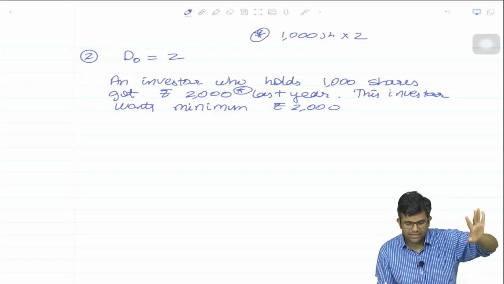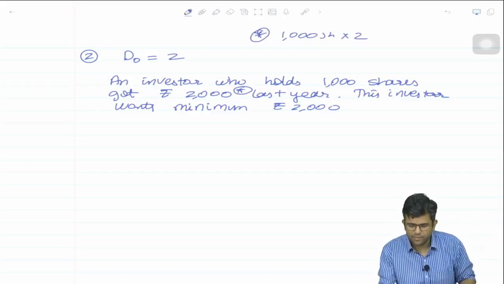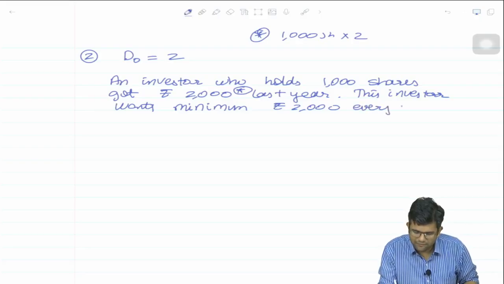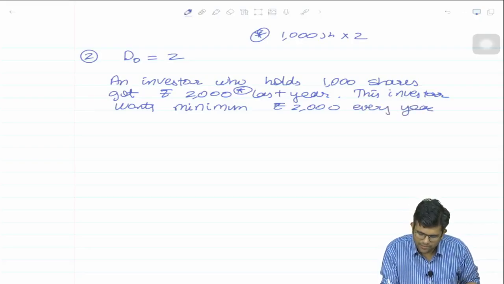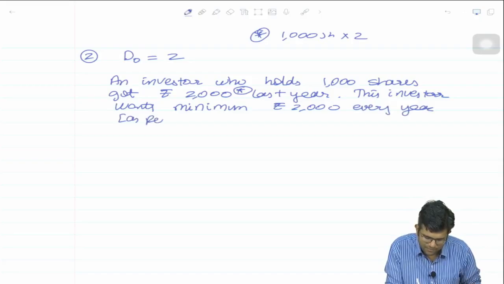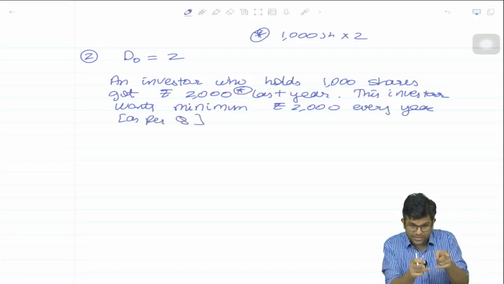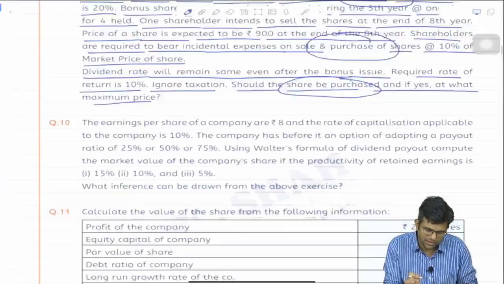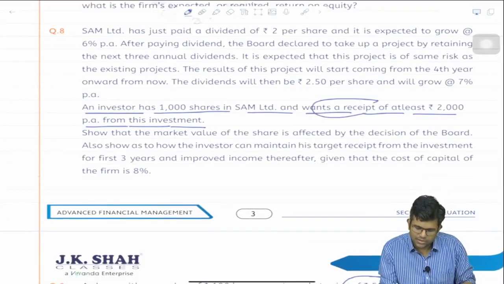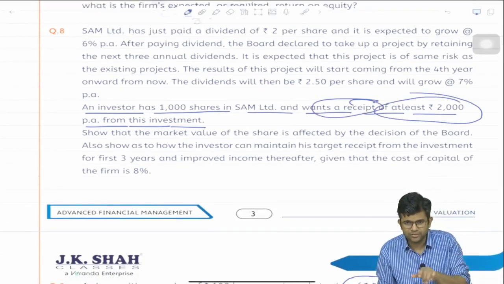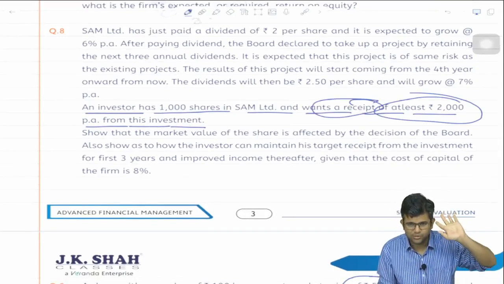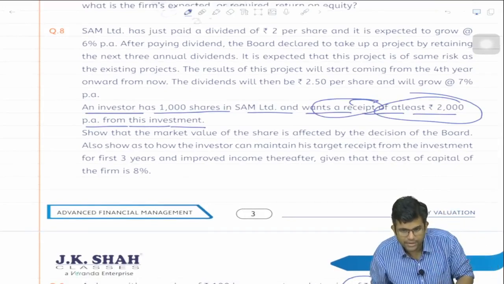Now the question is saying this investor wants minimum 2000 every year, as per the question. The question is telling you he wants a receipt of at least 2000. Now this 2000 is different from last year's 2000. Everyone clear? Okay.